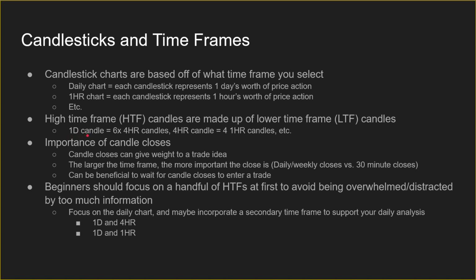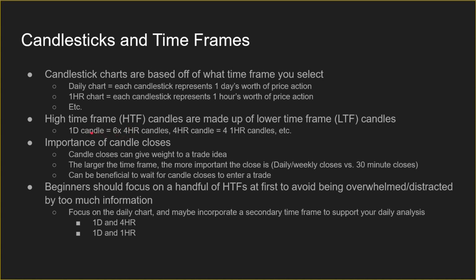Each daily candle we can consider is made up of 6 4-hour candles, right? So a day is made up of 24 hours. And if we are comparing the daily chart to the 4-hour chart, we can consider 6 of these 4-hour candles, because each one of these candles represents 4 hours, will represent 1 day's worth of price movement. 6 of these 4-hour candles. 6 times 4 is 24.